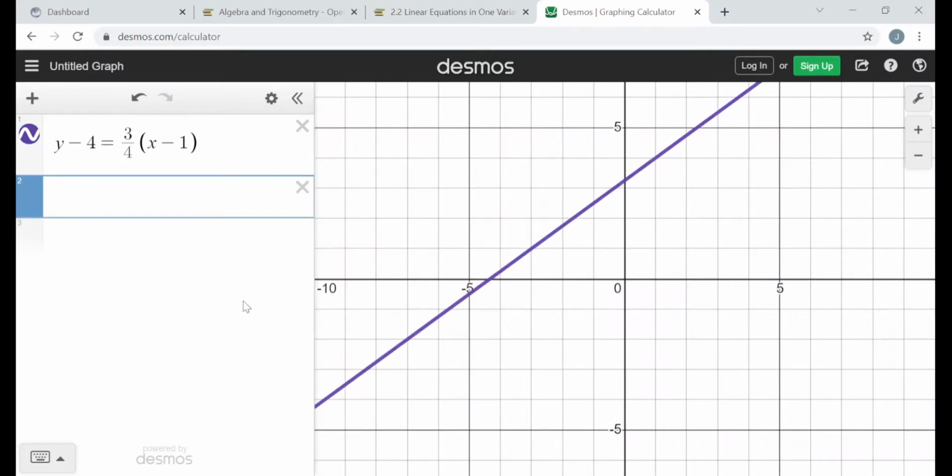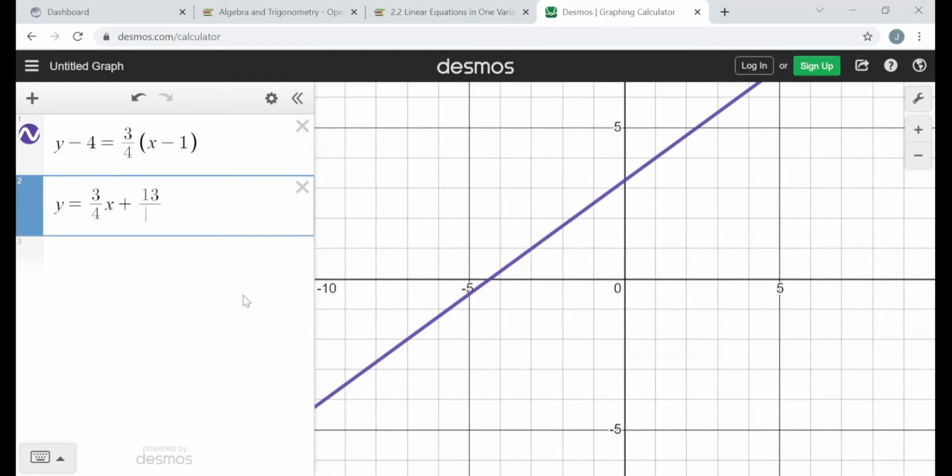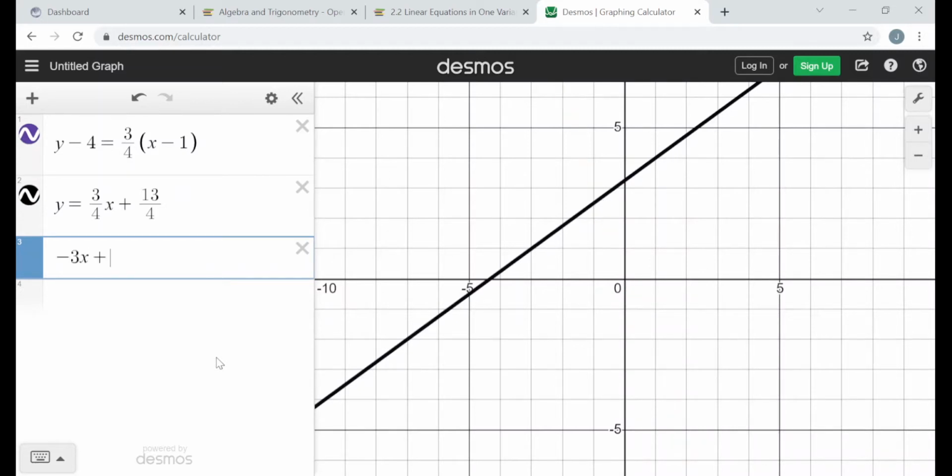And let's see that y equals 3/4 times x plus 13/4. Same exact line. I don't know why all these points showed up, but there they are. But it's the same exact line, appeared right on top of it. And then negative 3x plus 4y equals 13. Same exact line. Fantastic.